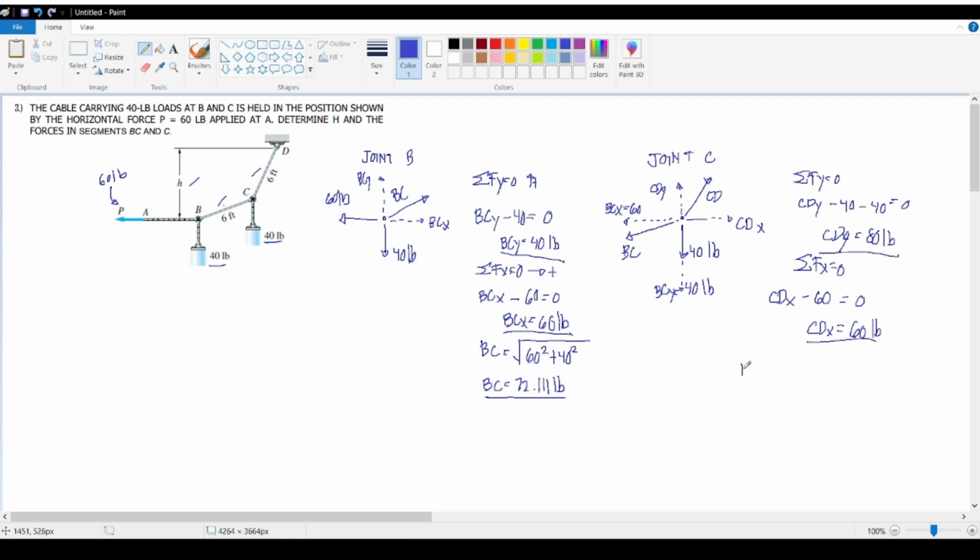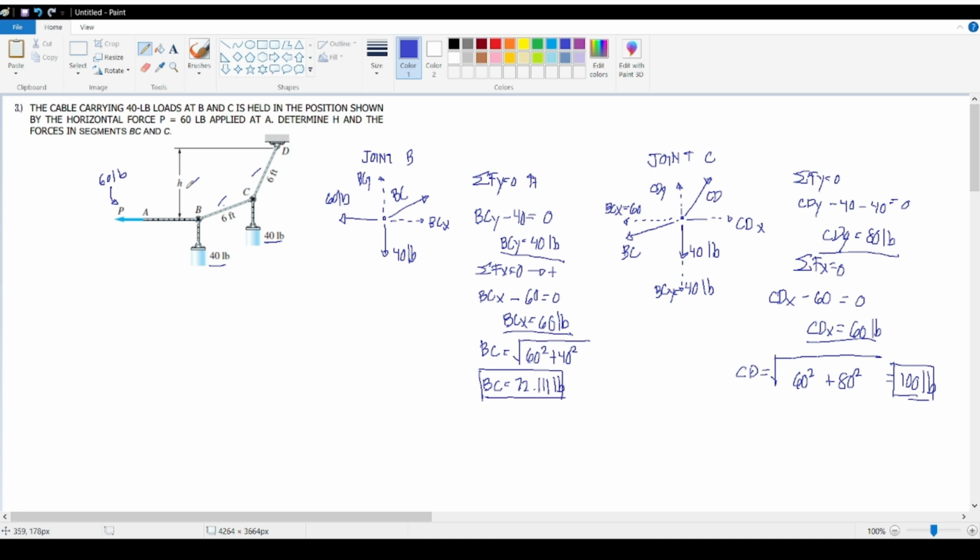So let's take the resultant of these forces to find CD. That's 60 squared plus 80 squared, and if we use our calculators, CD is just equal to 100 pounds. So there we have the forces BC and CD.